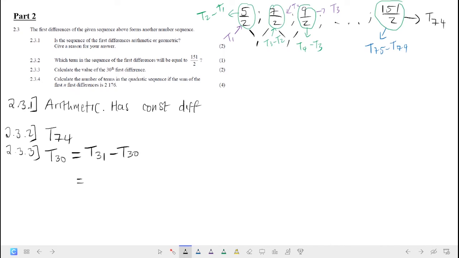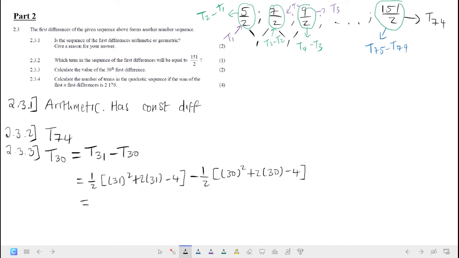So which then means now what we're going to do is substitute using the quadratic formula. So the quadratic formula was 1 over 2 into n squared, so we're going to substitute 31 there, plus 2 into 31 minus 4. Now we're going to say minus 1 over 2 into 30 squared plus 2 into 30 minus 4.